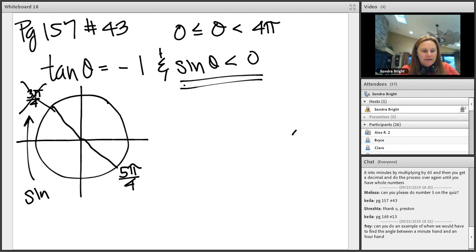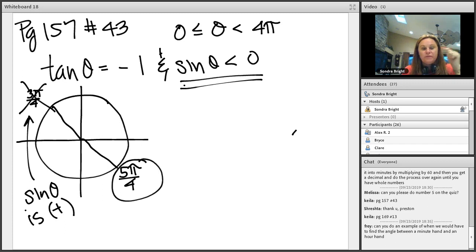Okay. Sine of theta is positive right there. So that's why we're going to ignore the 3 pi over 4. And so 5 pi over 4 is on one revolution around the circle. But the fact that it says between 0 and 4 pi means go around twice.